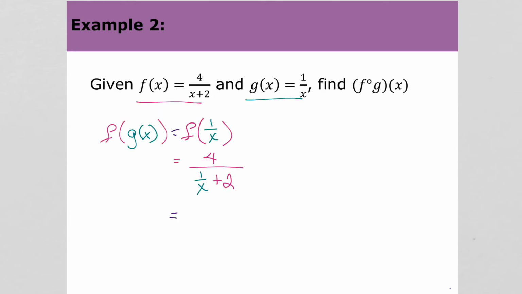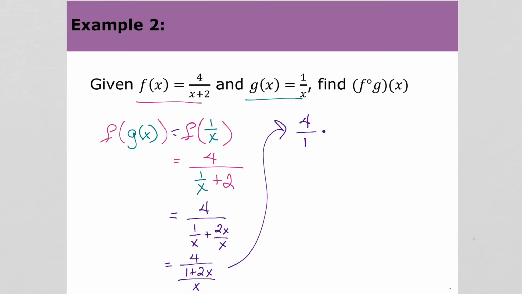Okay, so on the bottom, we need to get like terms. So if we multiply the 1 by x over x, then we get 2x over x, and so that can give us 1 plus 2x over x. Go up here. 4 is the same thing as 4 over 1.